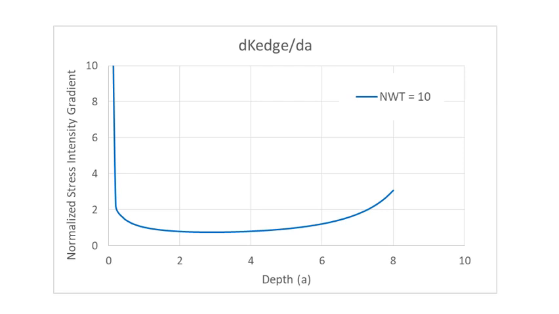But as the crack gets deeper and deeper, the stress intensity gradient decreases. So that essentially means that our crack is becoming more and more stable. Once our crack gets deeper and deeper to 4 or 5 or 6 millimeters, you see that that stress intensity gradient starts to increase again, meaning that we're going to have a less and less stable crack.